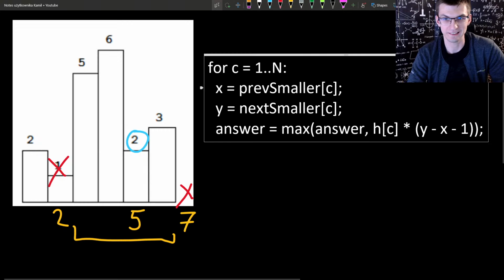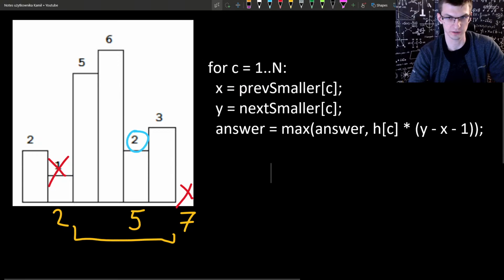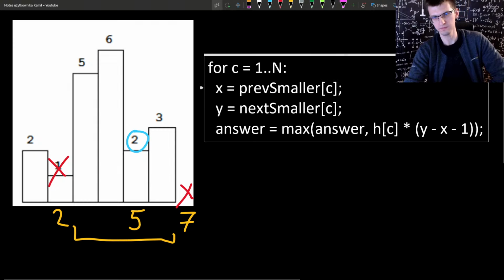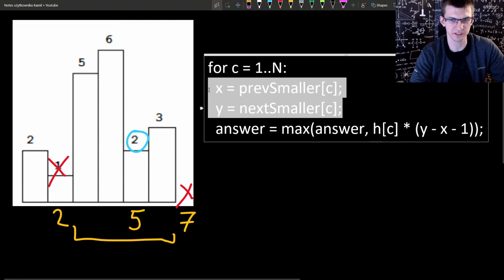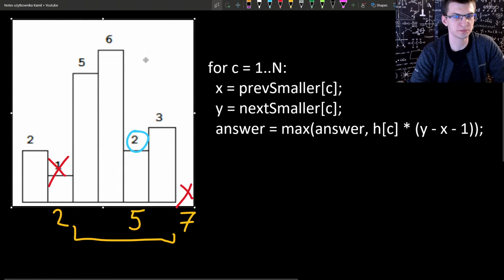Right, and this is quite standard also in coding interviews. I'm sure that many of you encountered this problem. There is a well-known method solving this, and it is, I think, the only method to solve this problem in linear time.